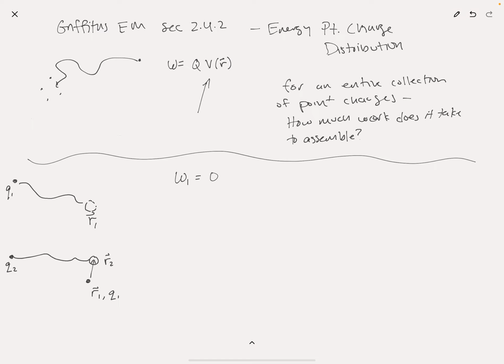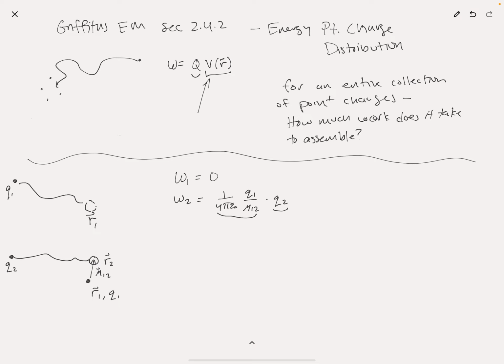This distance here I'll call R12, because it's the distance between 1 and 2. So the minimum work required here is just the potential from charge 1 times the charge Q2 that I brought over. Potential times charge.